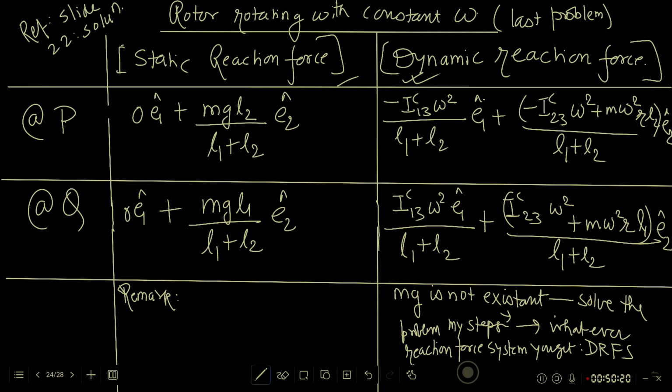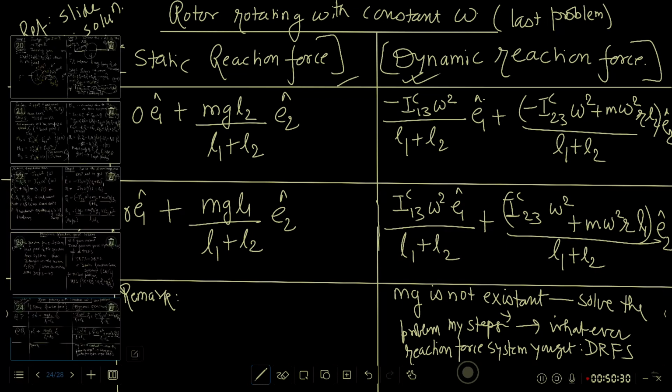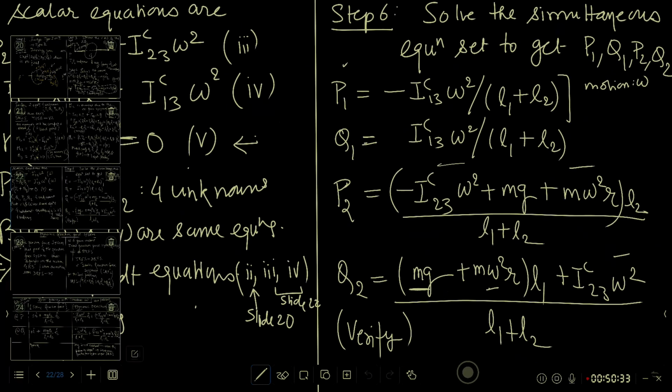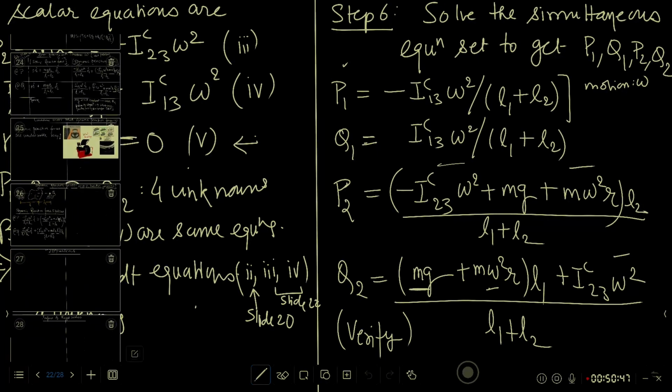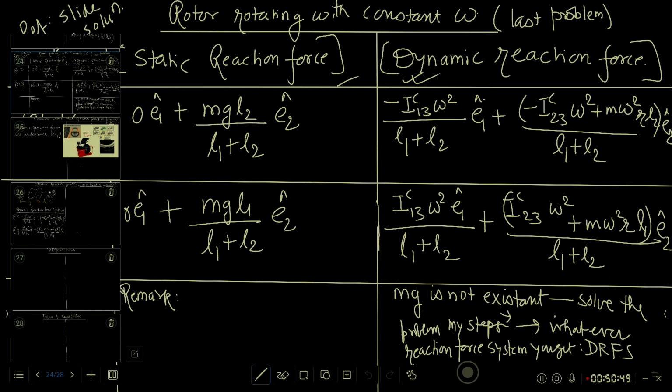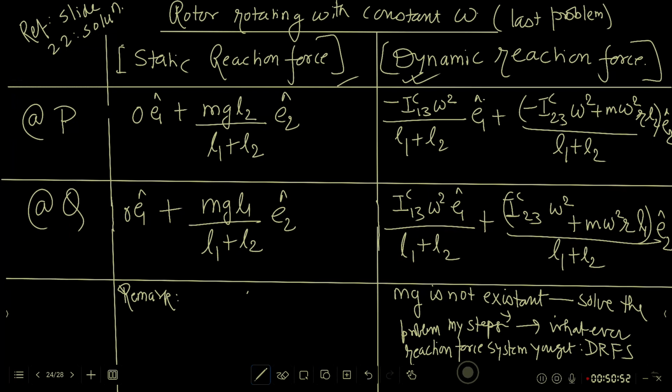And to get TRFS, you will have to include mg also, just the way I did, and then get an answer of this sort, what I got here, where there is a mix of mg and there is motion also. Okay, so pay attention to what is being asked in the problem. This has been clarified to you. Keep that in mind. Assume mg is non-existent, solve the problem.